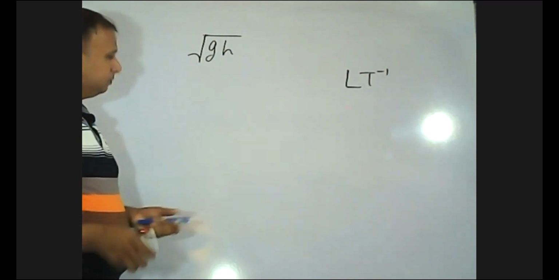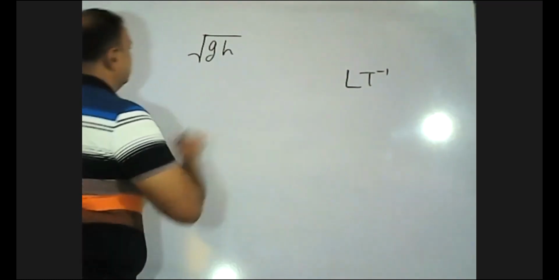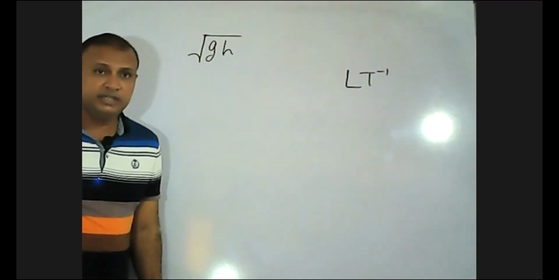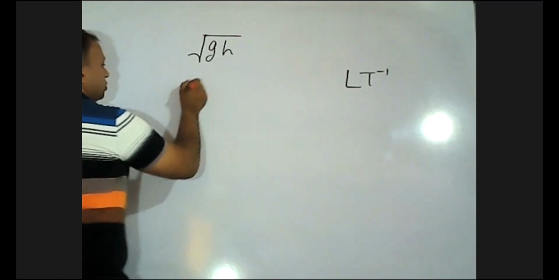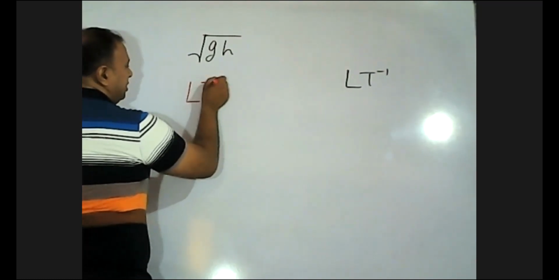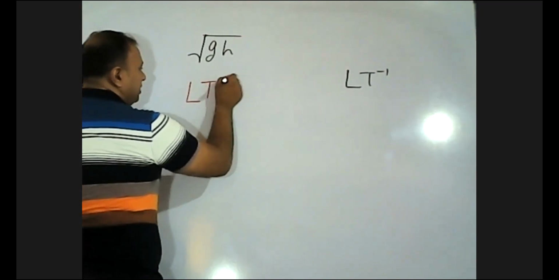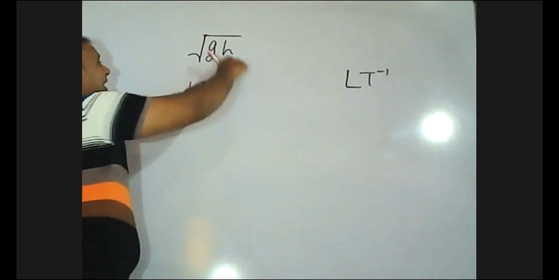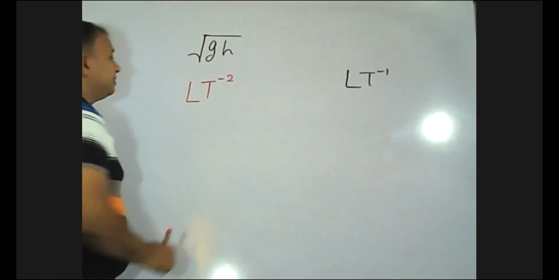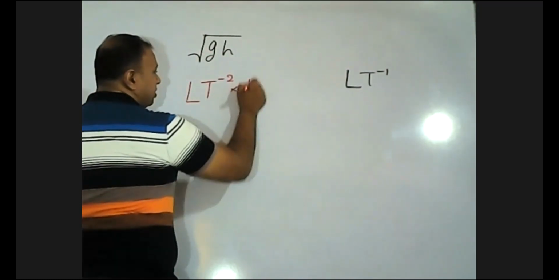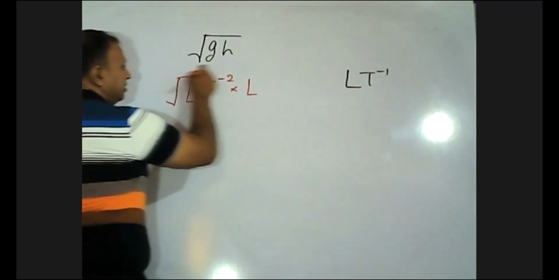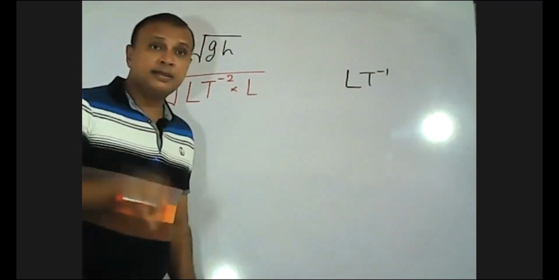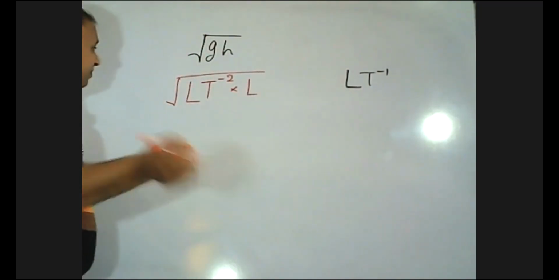Okay, let's find that one. g is an acceleration, so the dimension of g is L T minus 2. And h is a distance, so the dimension of h is L, the square root of all of it. L times L will not cancel out, it will be added, no?